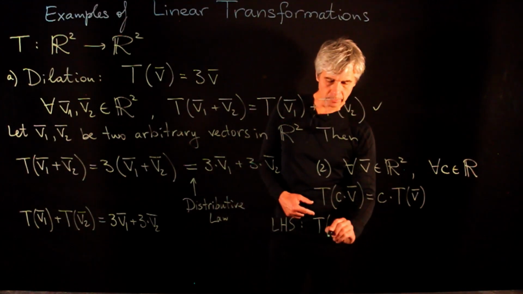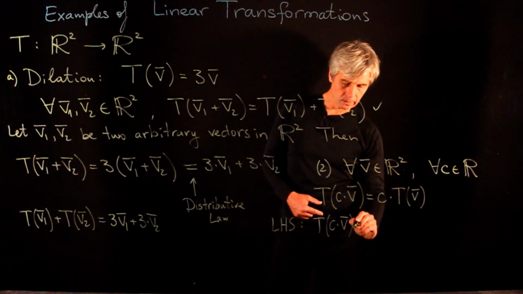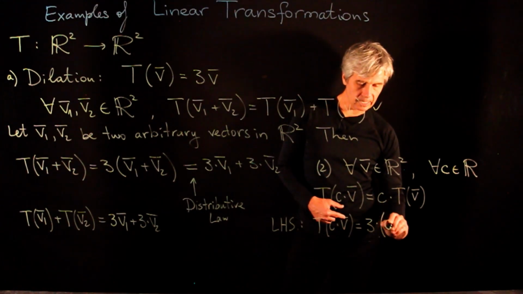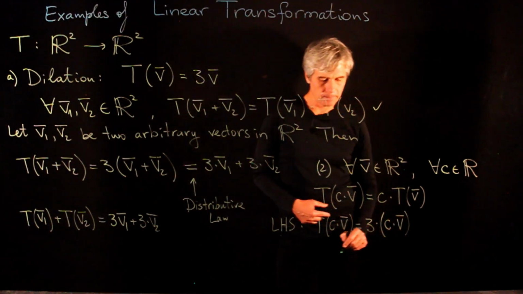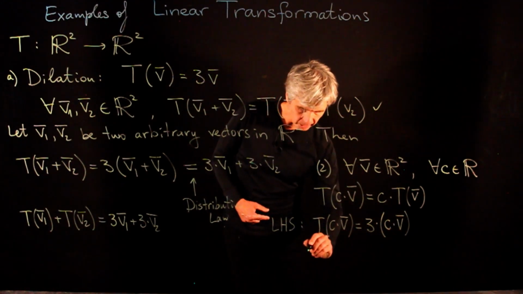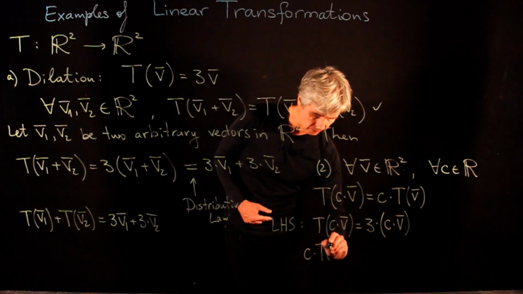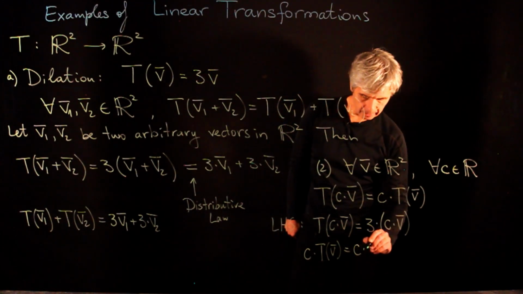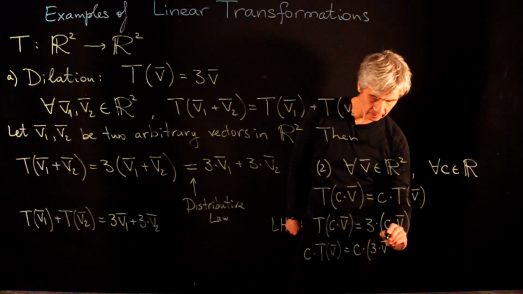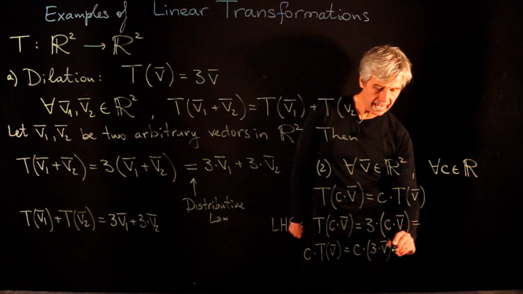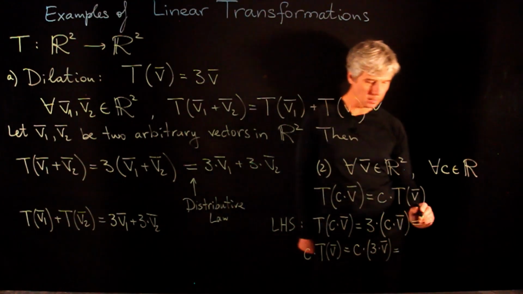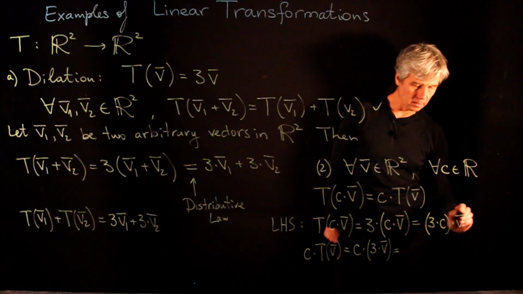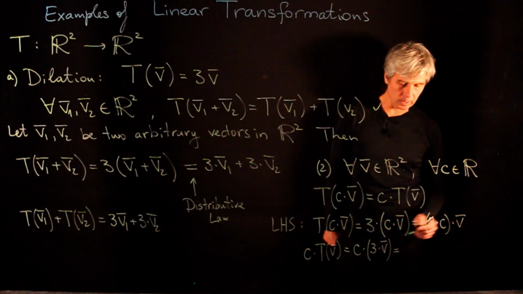T of C times V is equal to 3 times C times V. And the right-hand side, C times T of V, is equal to C times 3 times V. But by the axioms of vector spaces, this is equal to 3 times C times V, where this multiplication is carried out in real numbers.